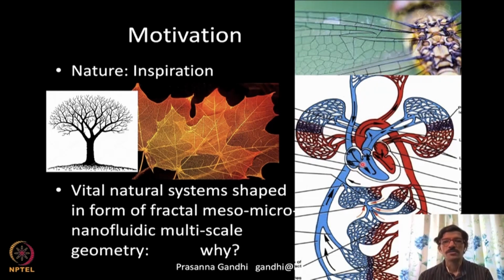Whatever energy is required for the pumping action in these structures is somewhat optimized. So nature has ways to optimize these energy requirements by having the geometry of the structures the way it is in nature.